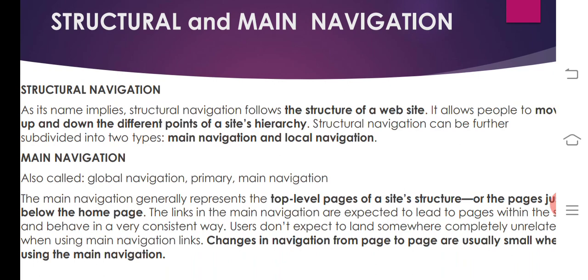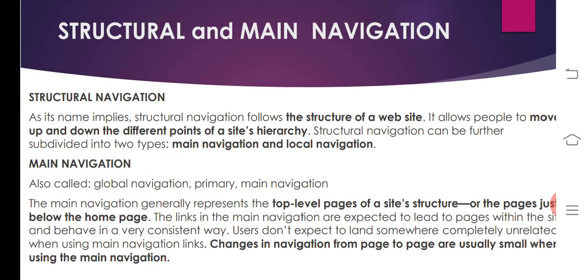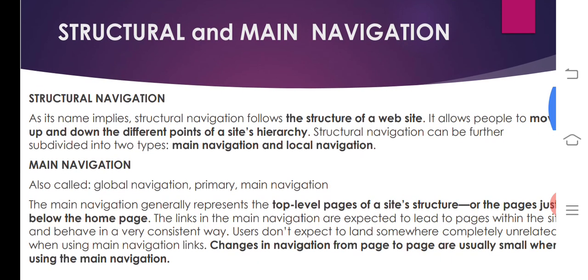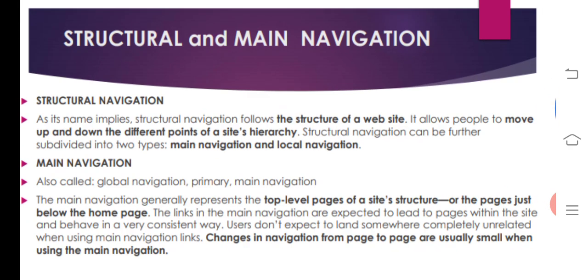Here structural navigation is the structure of the website. The structural navigation follows the structure of the website, and it allows people to move up and down to different points of the site hierarchy.